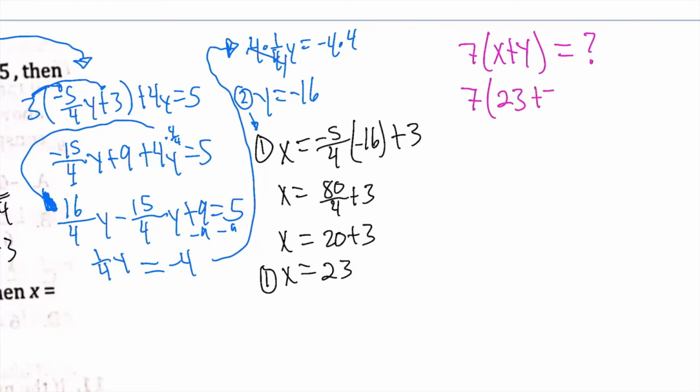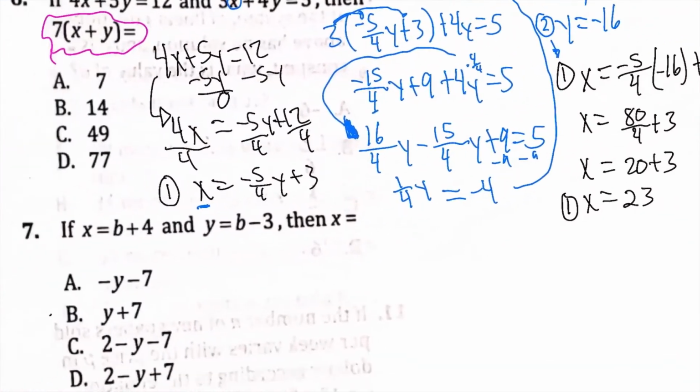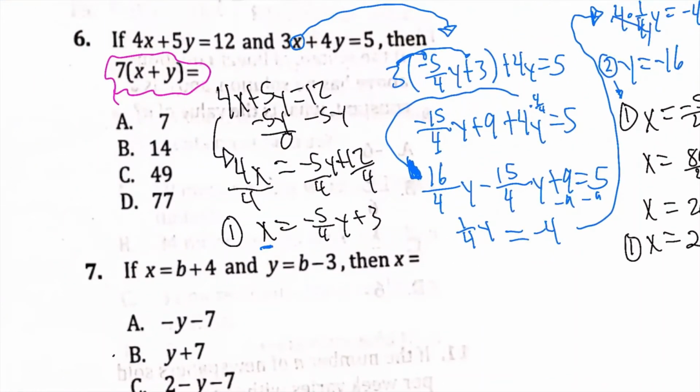My y value is negative 16, is equal to what? 23 minus 16 is 7. 7 times 7 is 49. So final answer here is 49. That is C. That is how you do it.